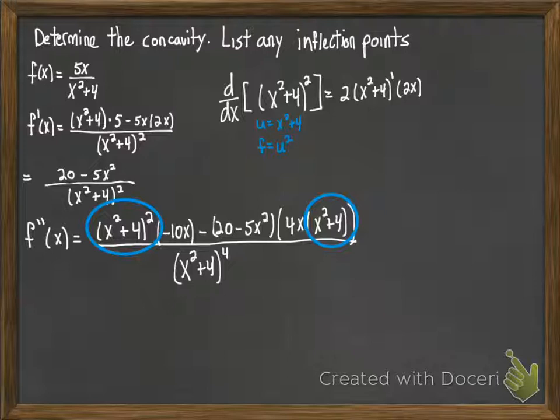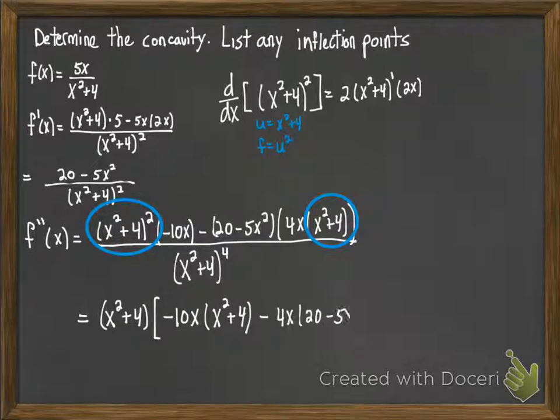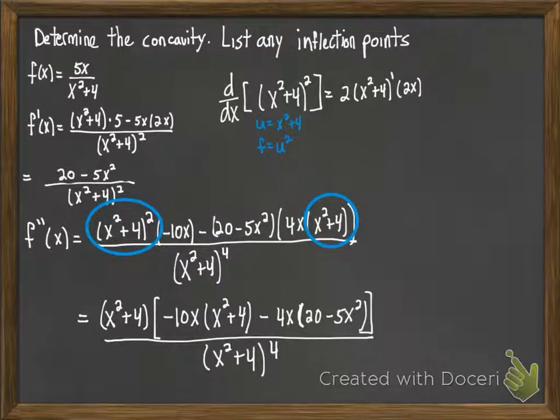So we pull out that x squared plus 4, and when we do that, you may want to pause things to catch up here. In the first part, when we take out the x squared plus 4, we'd be left with just a negative 10x and an x squared plus 4 to the first power.